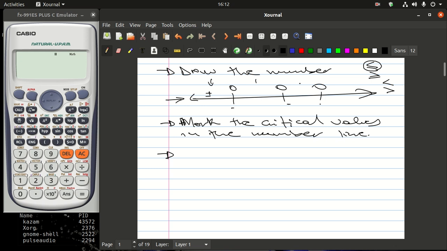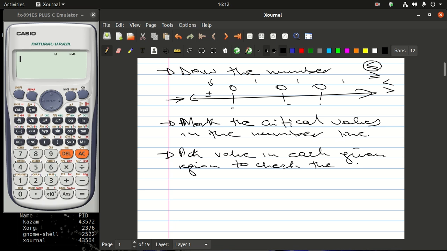You pick another value here, another there, and check the sign. That's the meaning of picking a value in each given region, to check the sign. Is it a plus or is it a minus?